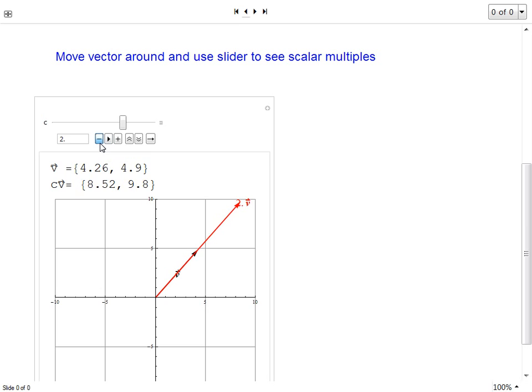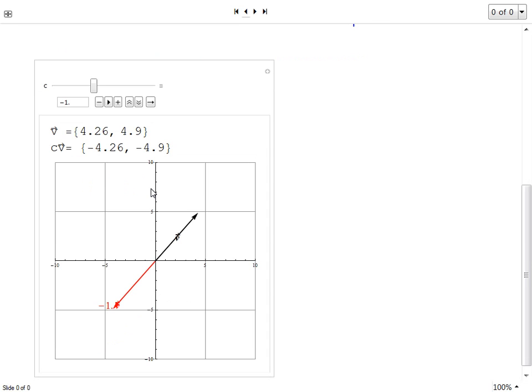If I do 0.5v, it will do half of it. And if I do negative 0.5v, it will do half of it pointed the opposite direction. And then negative 1, what would negative 1 do? Opposite direction, same length. And then negative 2, opposite direction, twice as long.